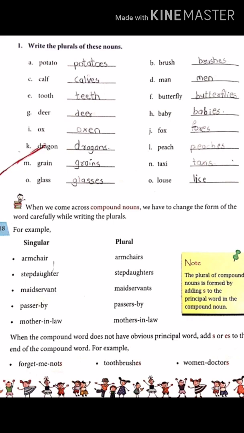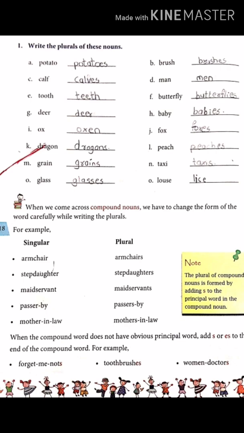Stepdaughter, singular, stepdaughters. Maid servant, maid servants. Passer-by. See here how the hyphen is used. Passers-by. Mother-in-law, mothers-in-law.